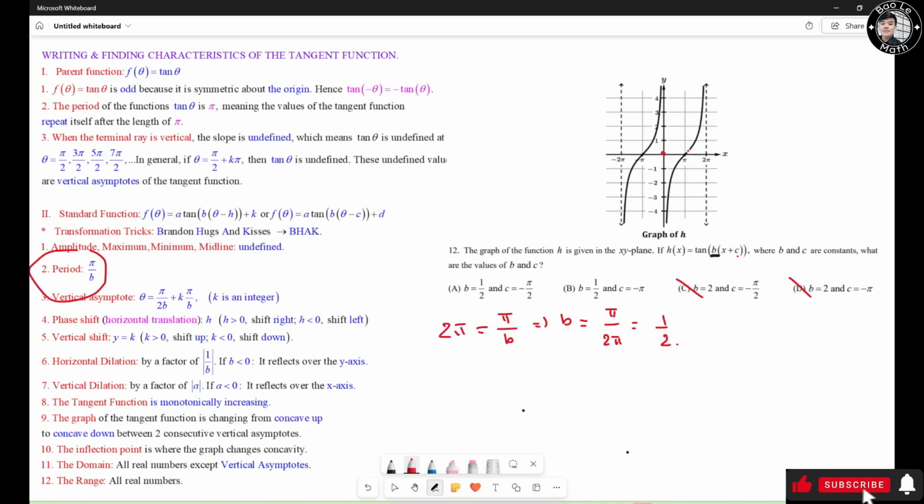Since the inflection point of the tangent function is right here, there is a phase shift. So it's shifted to the right pi units, and when it's shifted to the right pi units, c is negative pi. So the answer must be B.